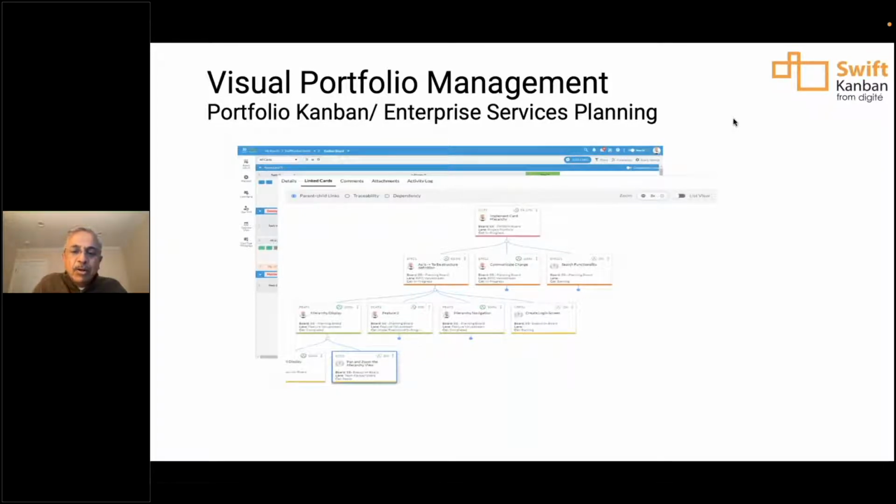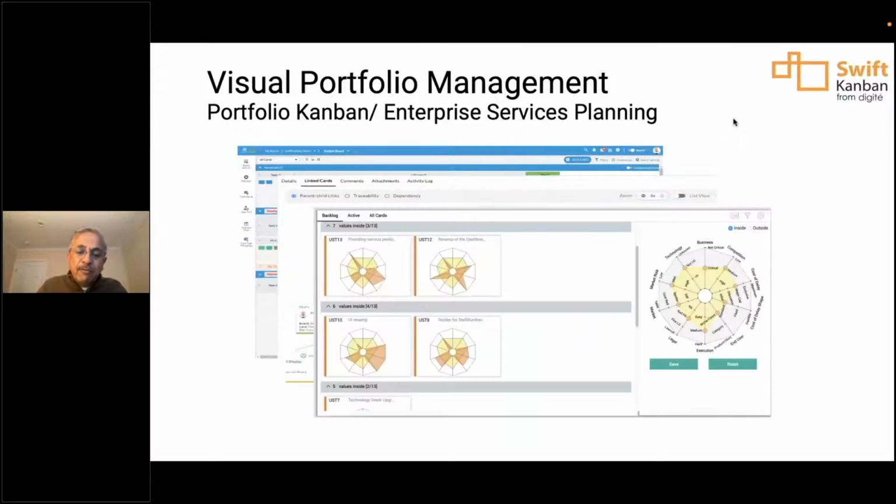You can easily model those hierarchies across one or multiple Kanban boards. And then you can use what we call enterprise services planning capability to really shape demand, understand what your overall demand for your different teams is, and prioritize the right things at the right time using capabilities such as this risk management capability that I'm showing you right now.